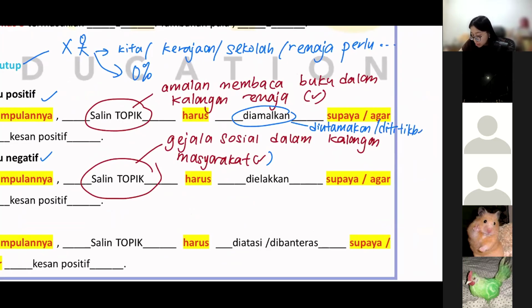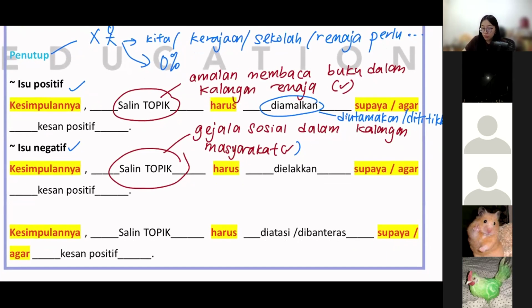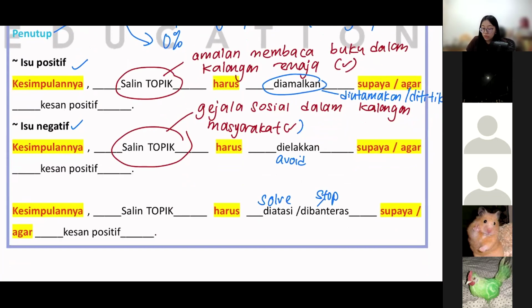Dititik beratkan. And not enough space. Okay, so diutamakan atau dititik beratkan, all is focus. So good things have to be focused. And then bad things have to be avoided. Diatasi is solve. Dibanteras is stop. And then good things will happen.